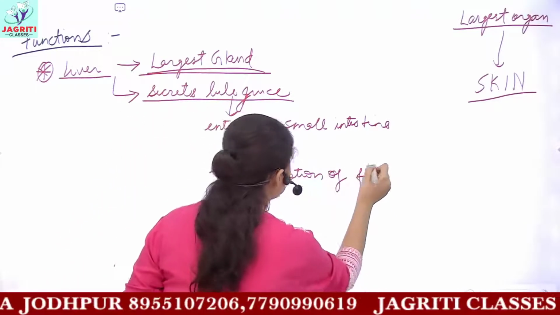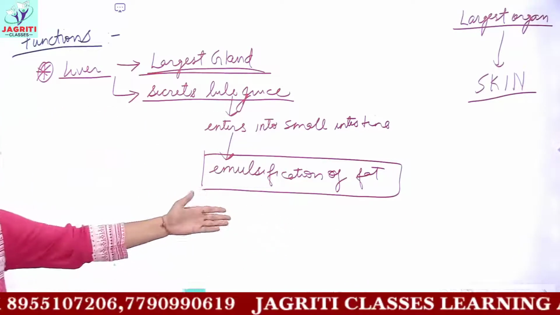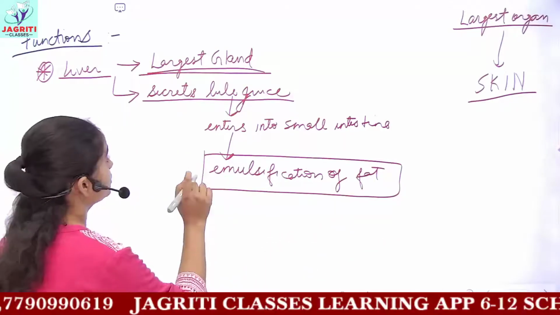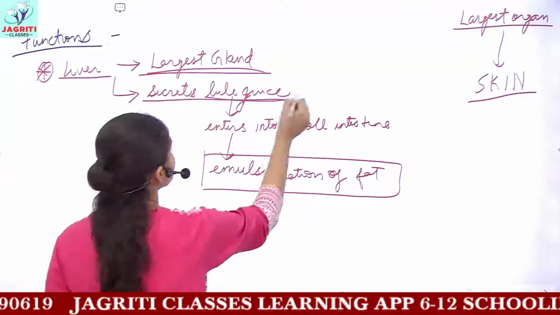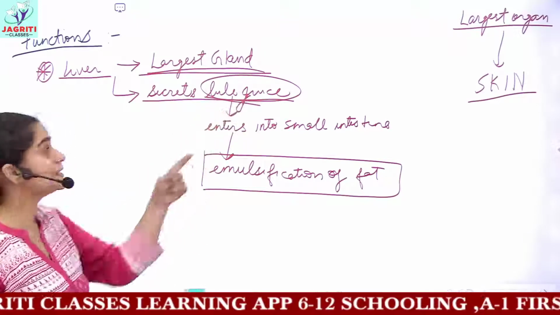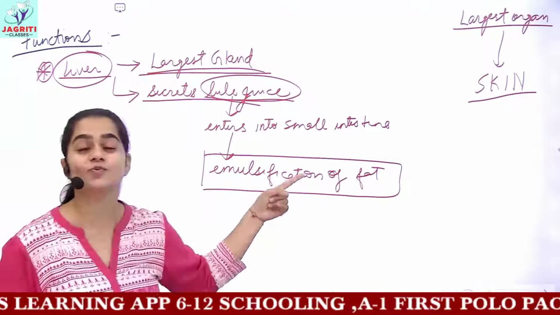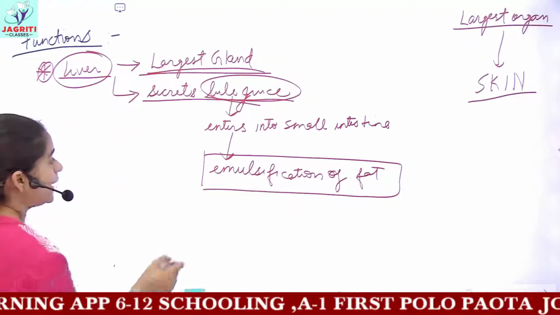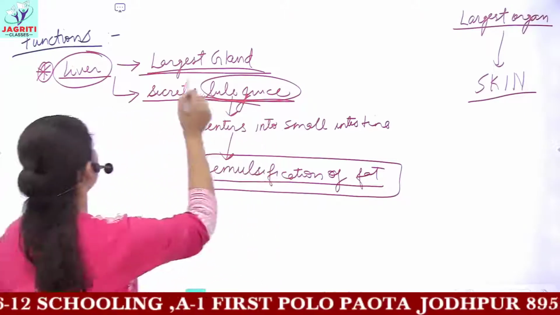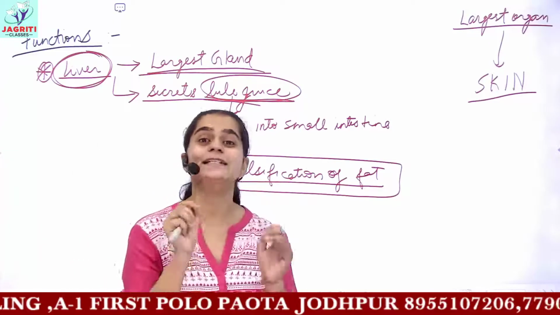This is again a very important question for you: what do you understand by emulsification of fat, which juice is responsible for this emulsification, and from where is this bile juice secreted? So you have 3 questions in just one concept. Emulsification of fat is carried out by bile juice, which is secreted by the largest gland in your body, that is the liver.